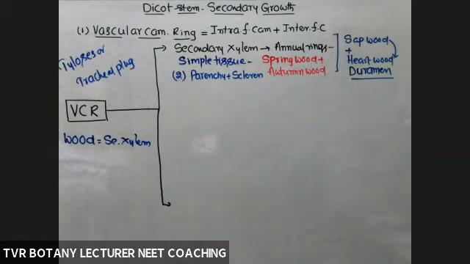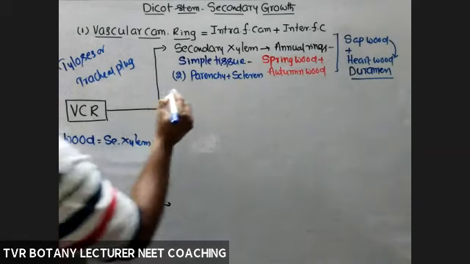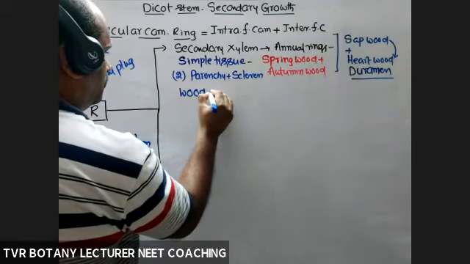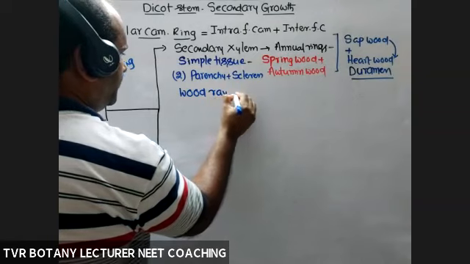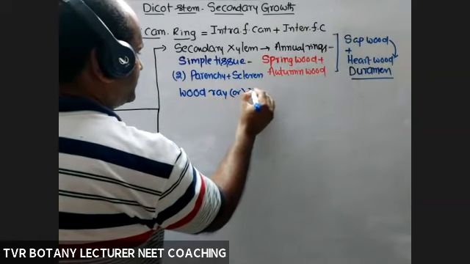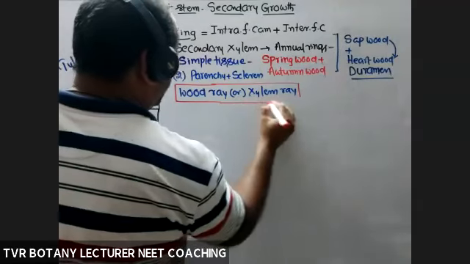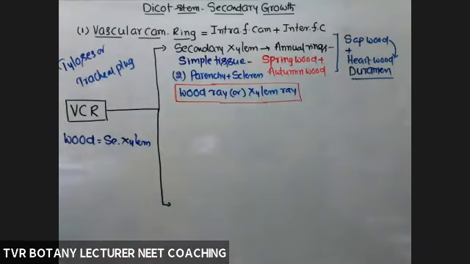The next, very, very important thing we just discussed: what about wood rays? Wood ray or xylem ray, both are the same. That statement is very, very important. What is this wood ray or xylem ray?